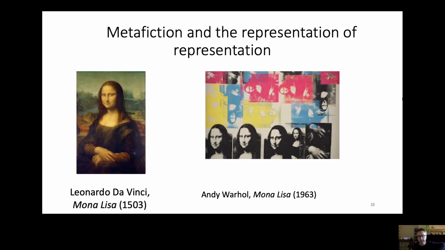So there is that sense of layers of representation: Warhol isn't giving us a window onto the world or a window onto reality, but using art to represent art. And this is something that is very prevalent in postmodernist art, the representation of representation.